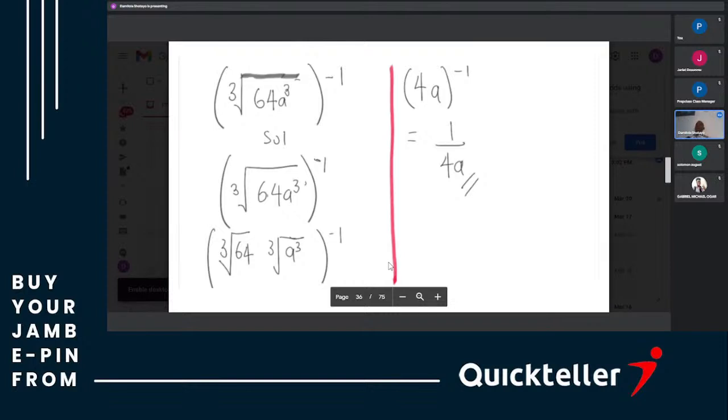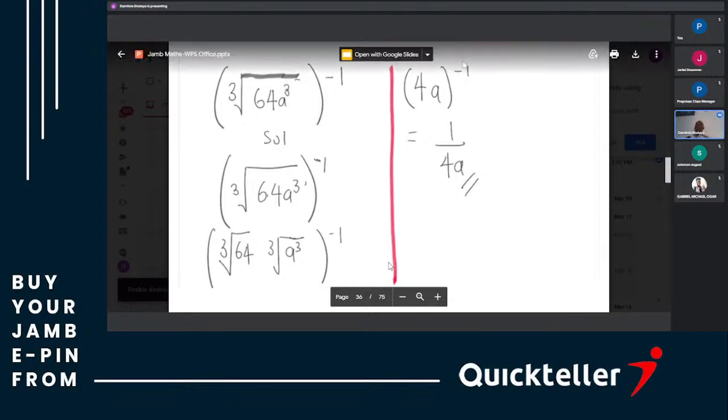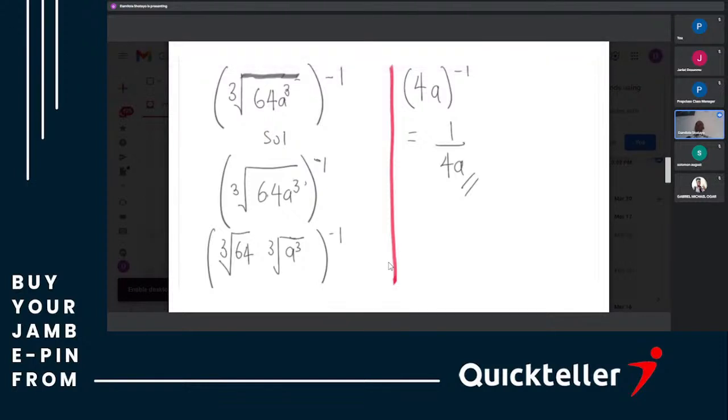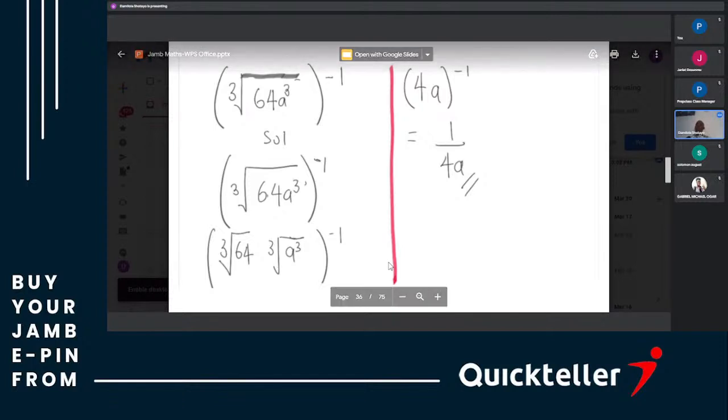So the answer for the third root of 64 is 4, while the third root of A cubed is A, because the cube cancels the root. And that will give me 4A in bracket raised to power minus 1.